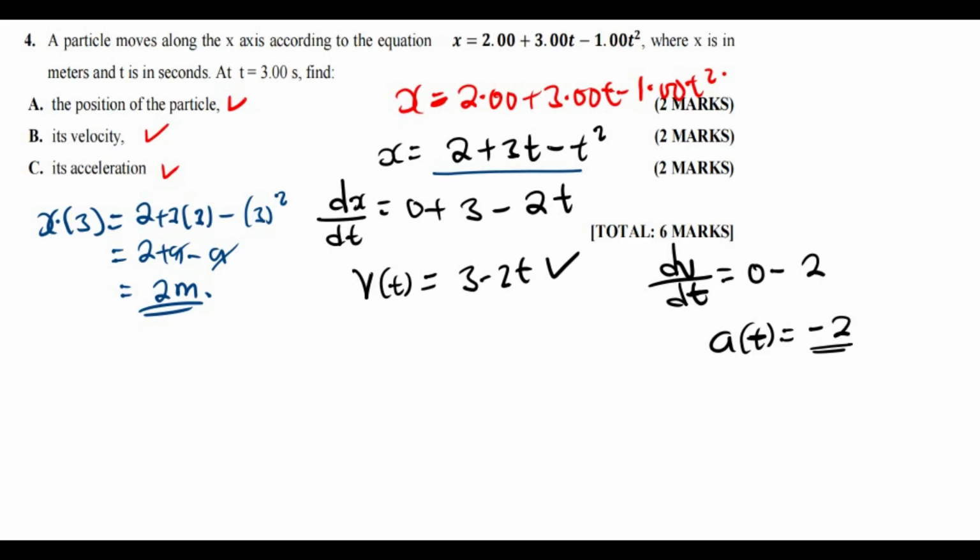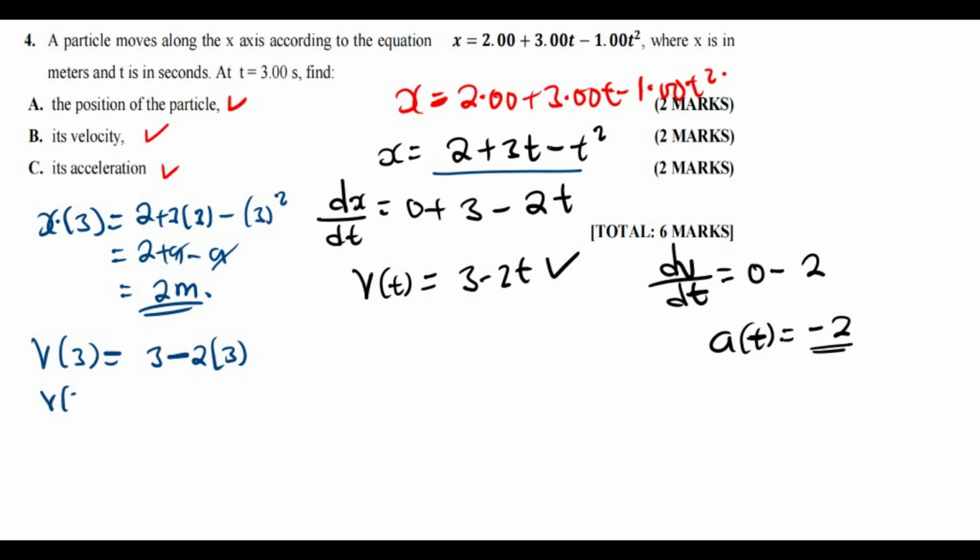Then if I go to the other one, what are we going to find? Let's see. For the velocity, it's going to be v as a function of t. Now t is 3. 3 minus 2, open brackets, 3.